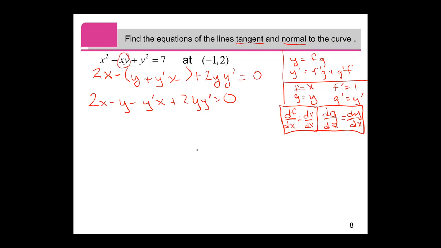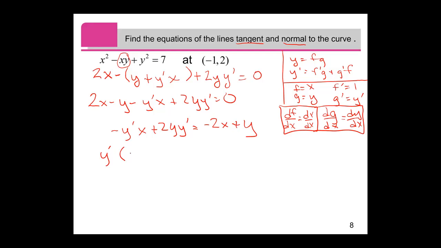That's what we're looking at. So we'll put the 2x minus y over to the right. So it'll be minus y prime x plus 2y y prime equals minus 2x plus y. Perfect. Now what? And then we'd factor out the y prime.